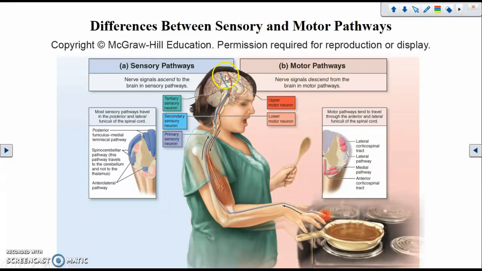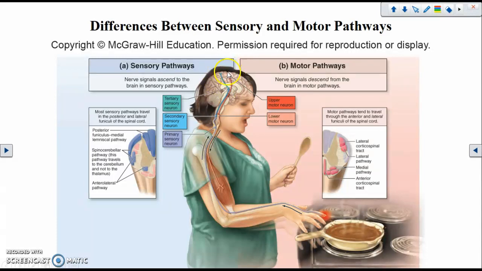descending pathways. Note here that the last neuron for sensory pathways is in the parietal lobe. Again, this is based on the functional area of the parietal lobe. The parietal lobe is responsible for general sensation, and this is actually called the sensory gyrus, if you recall.